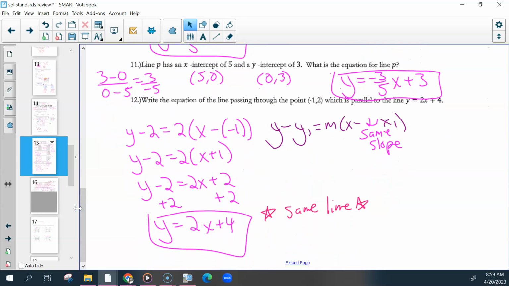Twelve is writing the equation that passes through a point that's also parallel. So you have to remember that parallel lines have the same slope. This is supposed to be off to the side. So when you go to rewrite this, you're using the slope of 2 and this point in your point slope formula.